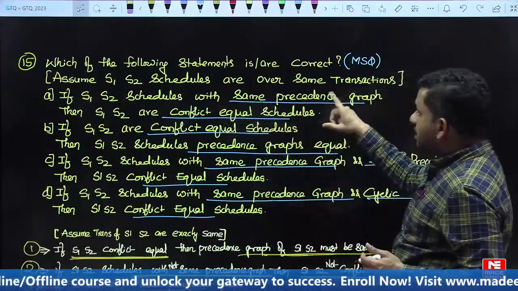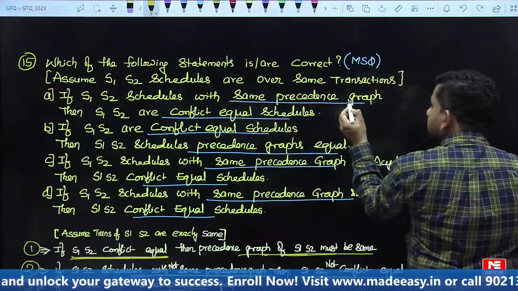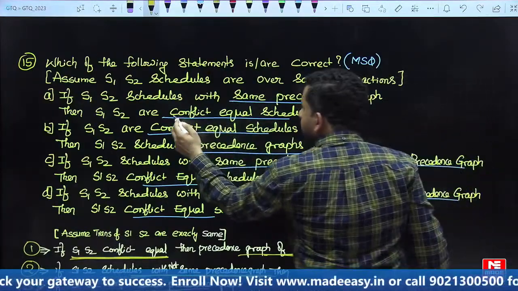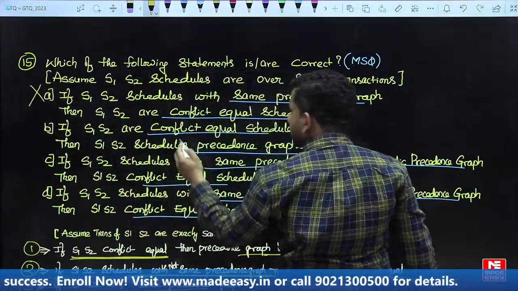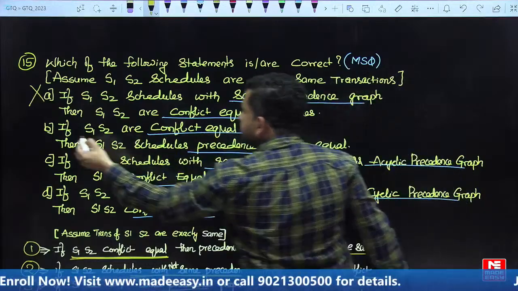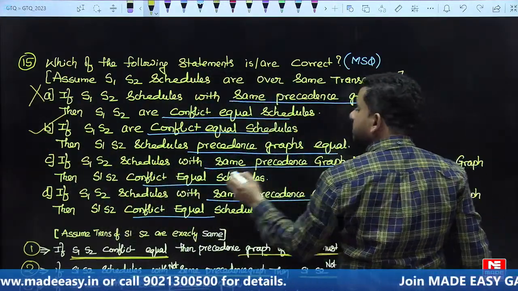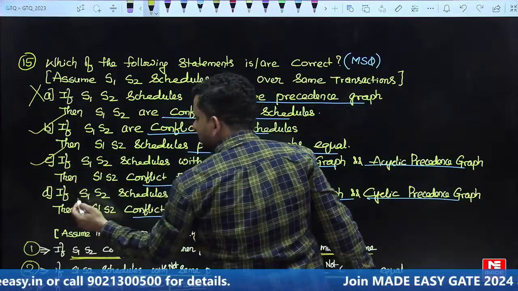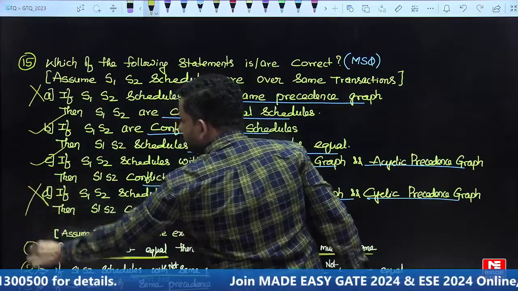The same precedence graph can have a cycle also, so it need not be conflict equal. Conflict equal definitely means the precedence graphs are the same. Same precedence graph and acyclic precedence graph, then conflict equal. Same precedence graph and a cycle is there, need not be conflict equal.